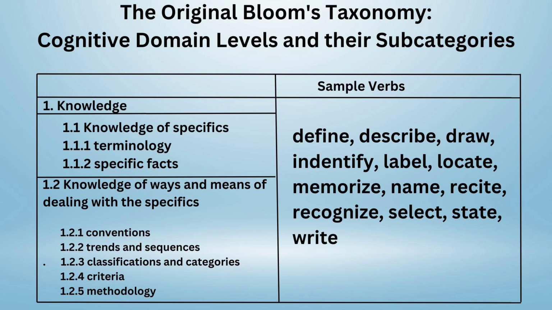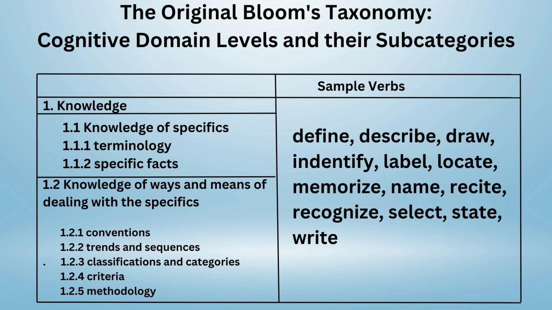Alright, what is the use of sample verbs? So, sample verbs are examples of verbs that indicate the skills used in each subcategory of knowledge. They provide a more concrete idea of what each level of knowledge means. For example, the verbs define, describe, and draw are related to 1.1, which is the knowledge of specifics.